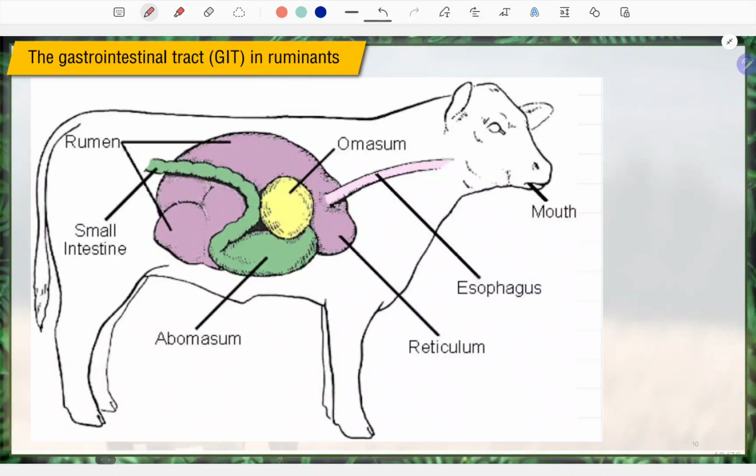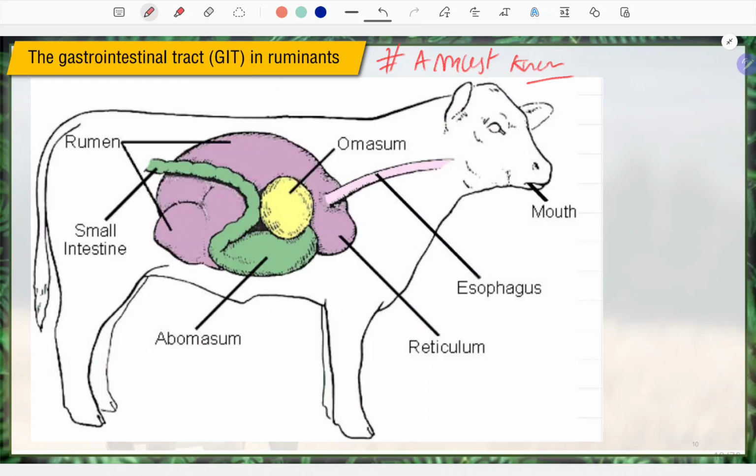When you are learning this, you must know and understand the order of the gastrointestinal tract from the mouth until the last part, the large intestine.